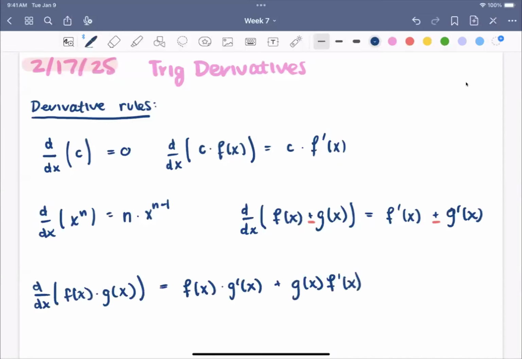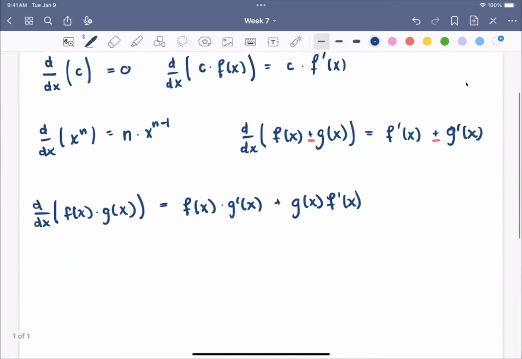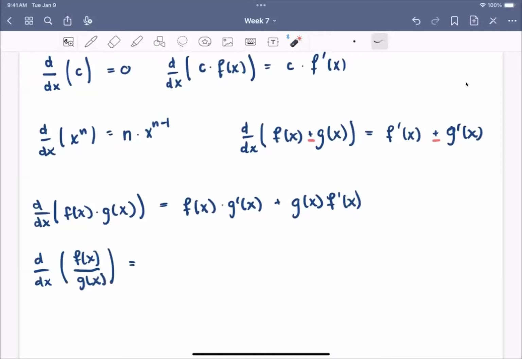And then we also saw the quotient rule, d by dx of f of x divided by g of x. And this one's a little bit tricky to remember. So you can derive it using the product rule together with thinking of dividing by g of x as a -1 exponent and applying the power rule.